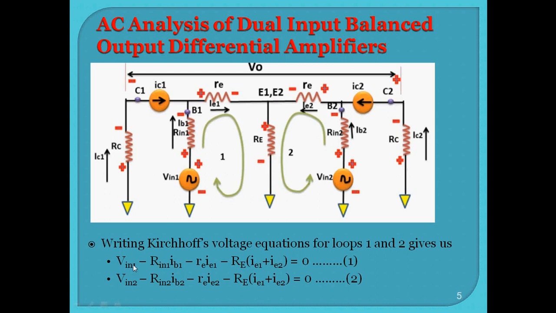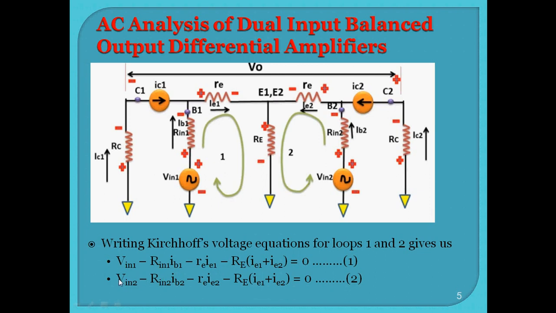So the first equation is Vin1 minus Rin1 Ib1 minus small re into IE1 minus capital RE into (IE1 plus IE2) is equal to 0. This is the first equation.